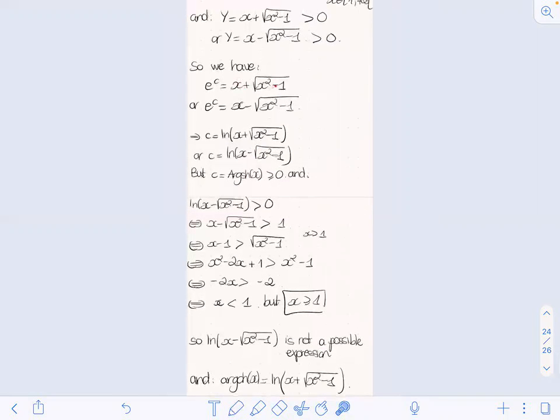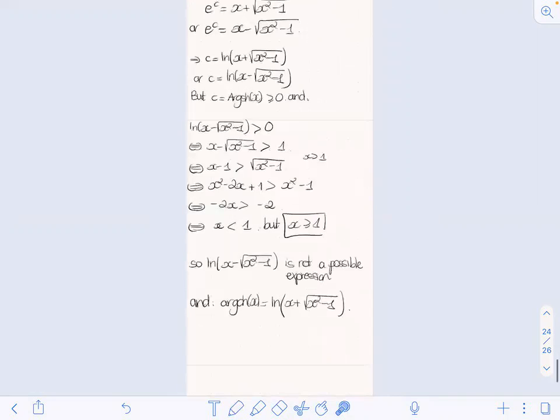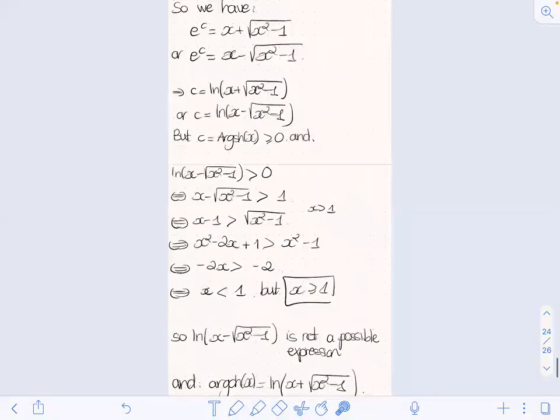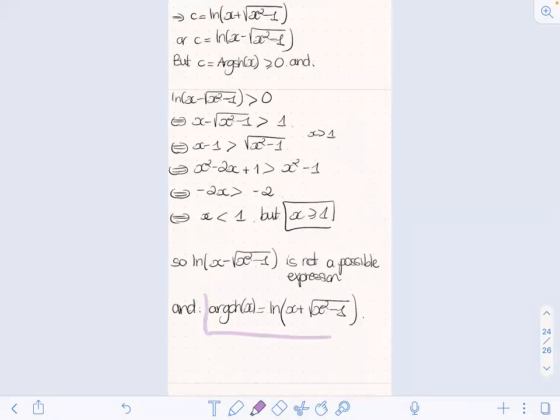Here, both of these terms are positive. You can show that they're positive. And so we need to decide in some other manner, but one of these expressions gives values that basically aren't possible, that aren't coherent with the argch function. And so that allows us to make our choice. And we get this expression for the hyperbolic cosine inverse function.